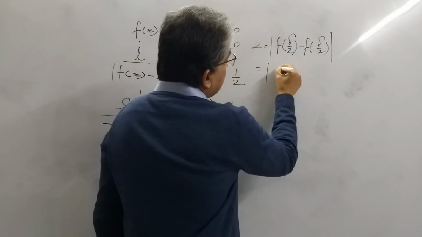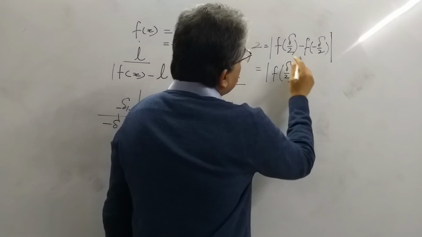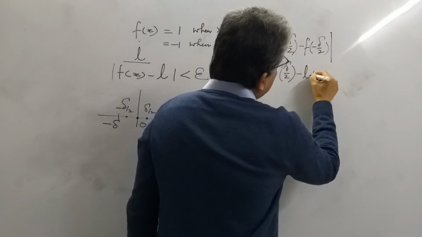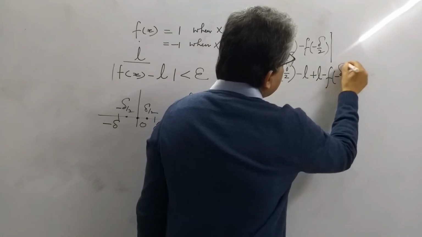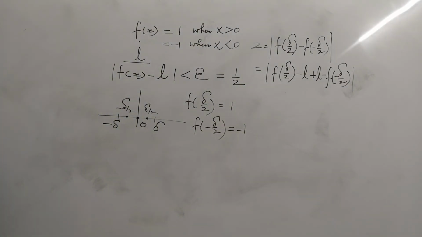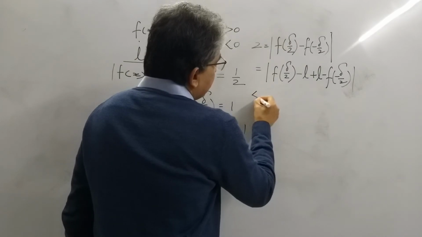Modulus of f of delta by 2 minus L plus L minus f of minus delta by 2. I can write it like this: within the modulus sign, minus L and plus L shouldn't make any difference. Now I can separate it.